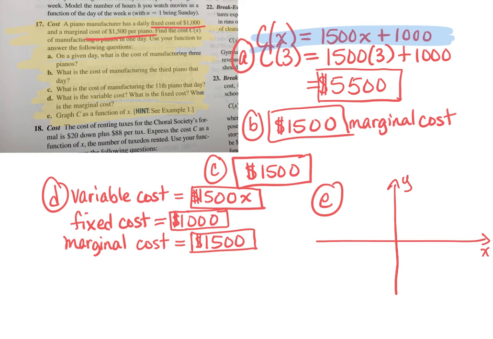Whenever your day is 0, it's 1,000. Let's say this is 1,000.